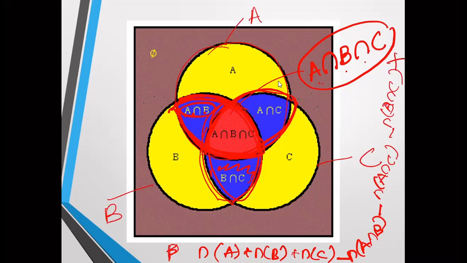Plus finally you have to add this red color region, that is N of A intersection B intersection C. Here I have written the same formula in terms of N.